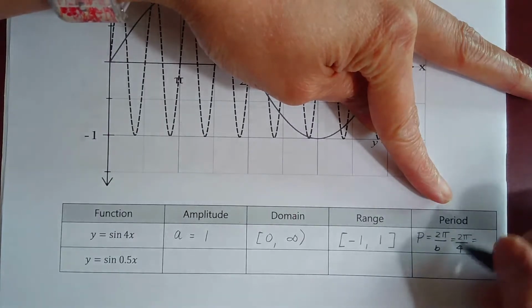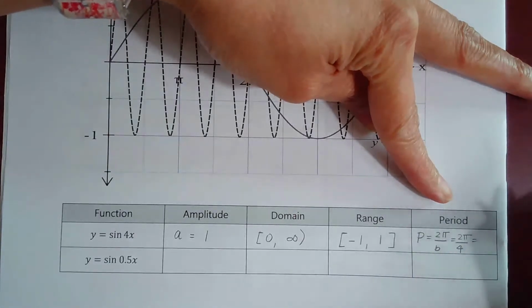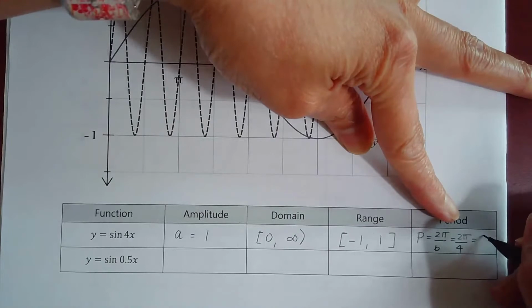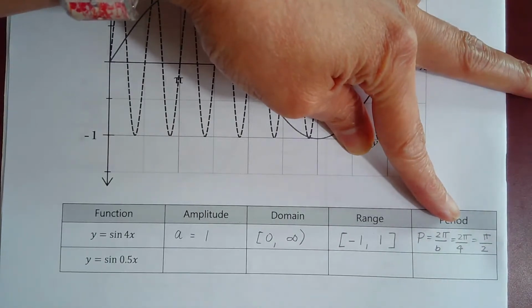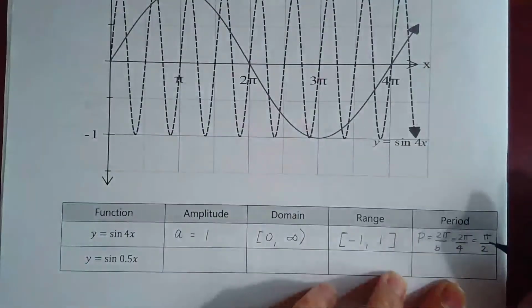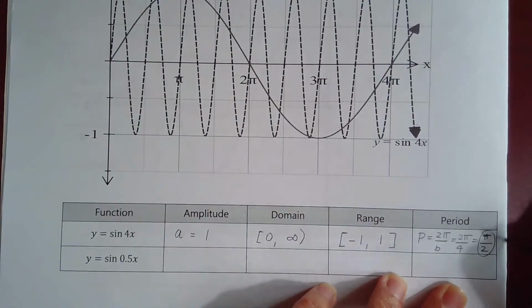Let's simplify that. That's going to be pi over 2, pi over half. So what does that mean? That means, how long will it take to complete one cycle?